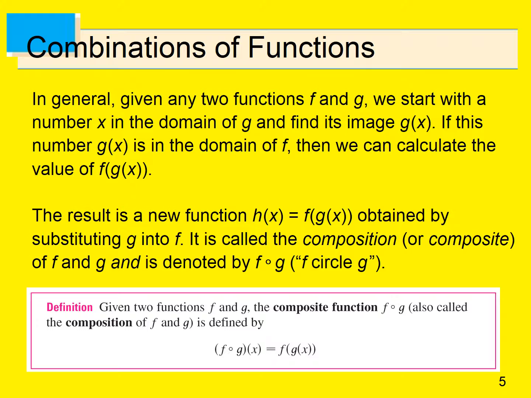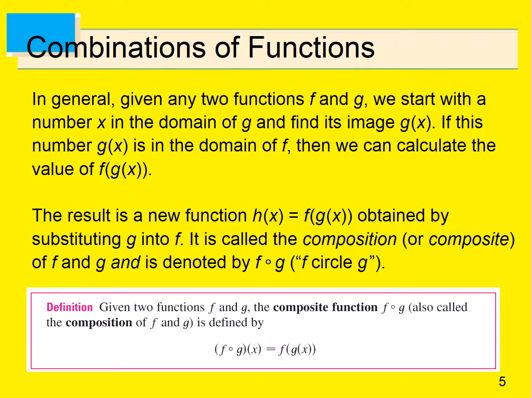So you got to start with g, the inside function, because if x is not in the domain of g, then that particular value of x is a non-starter. Now, this g of x is going to turn around and be an input for another function f. If this number g of x is in the domain of f, then we can calculate the value of f composed with g of x, or we could just say f of g of x.